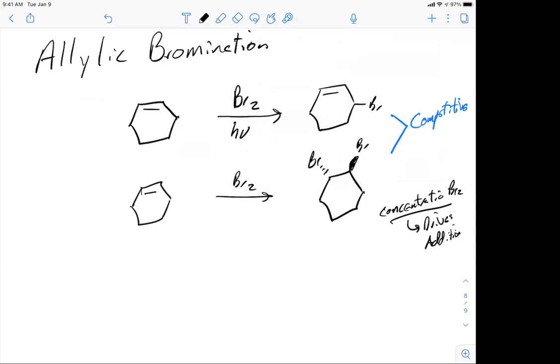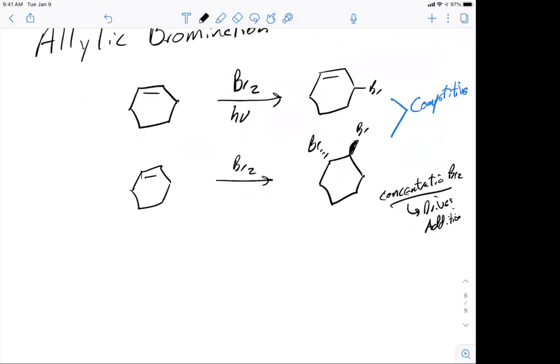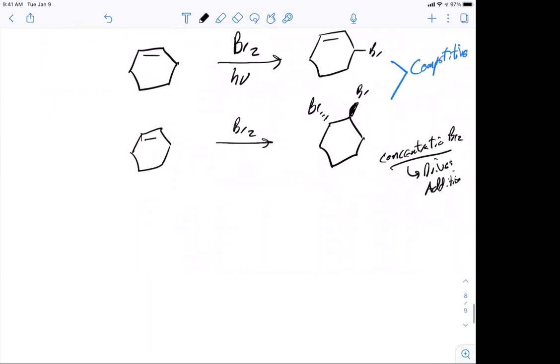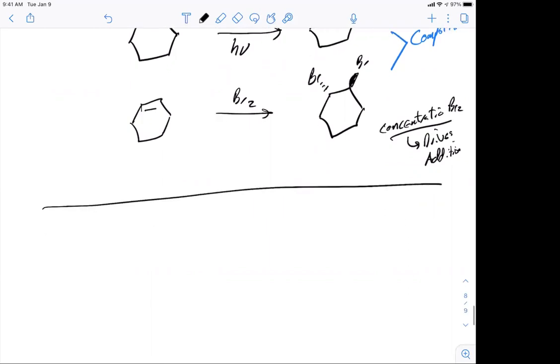So I want to have a process where I can end up getting this allylic bromination, or benzylic, as we'll see in a second, without ever having a high concentration of the Br2. So for that, what we use is a reagent that will give me Br2 in situ, and in situ just means in the solution. So I'm not adding it, I am creating it.